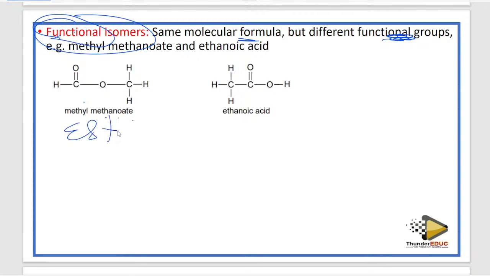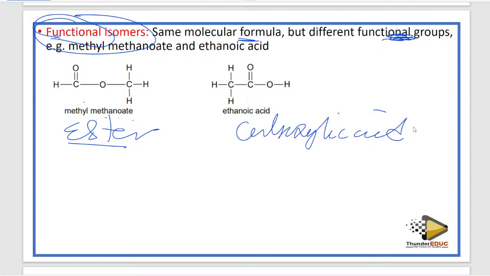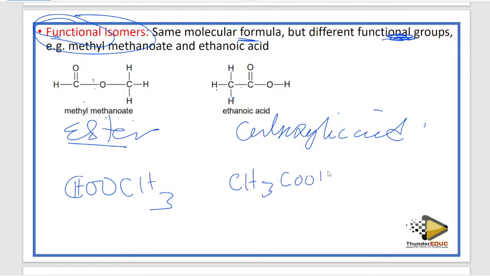So this one is methanoate, an ester, while this one is a carboxylic acid. You see, carboxylic acid, so it's different. This one is like CH3, while this one is like 1, 2, 3, CH3COOH.